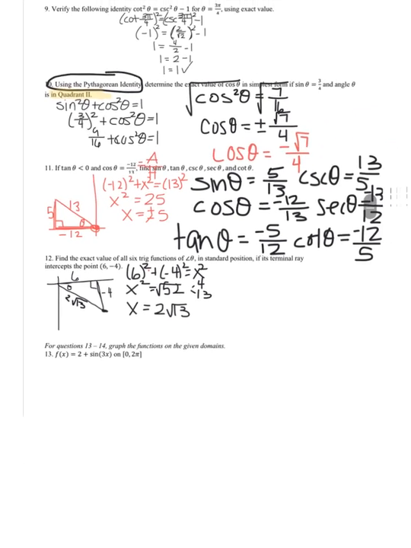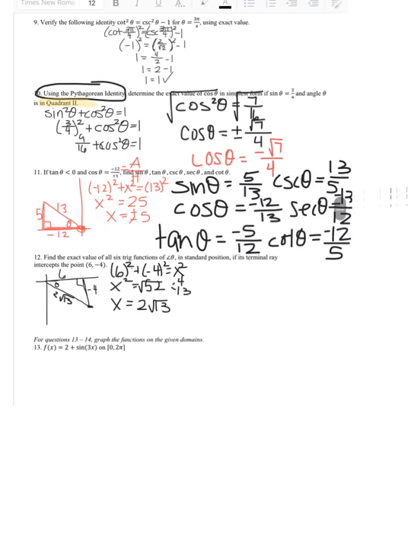Okay, so then to figure out all 6 trig functions, sine of theta, sine is opposite over hypotenuse. We'll do cosecant is the reverse of that. Negative 2 rad 13 over 4. We'll clean all these up after.